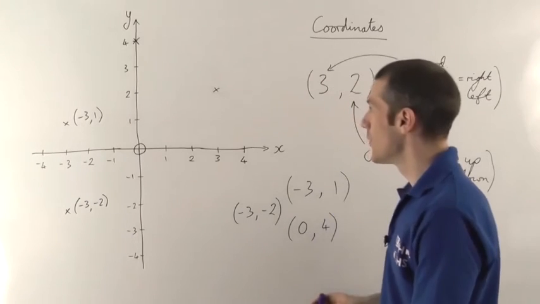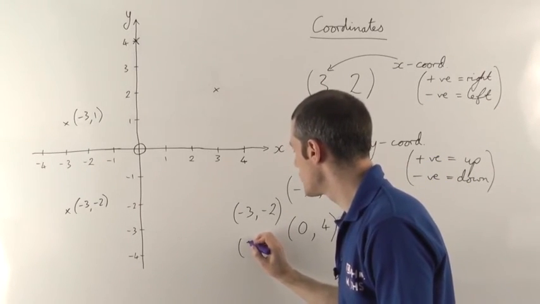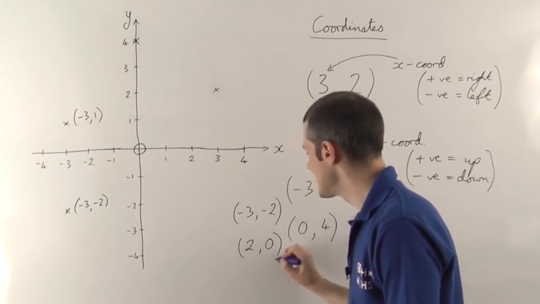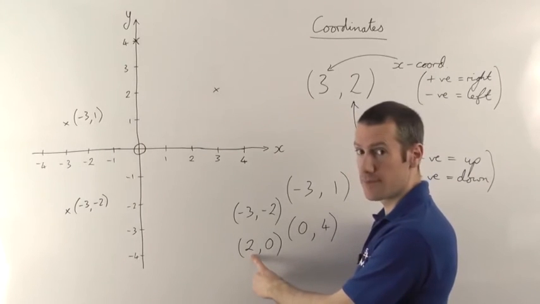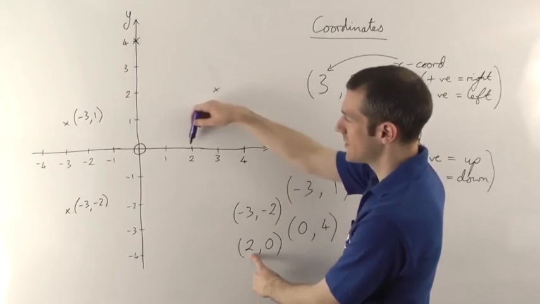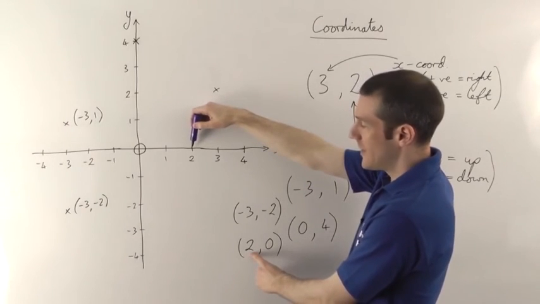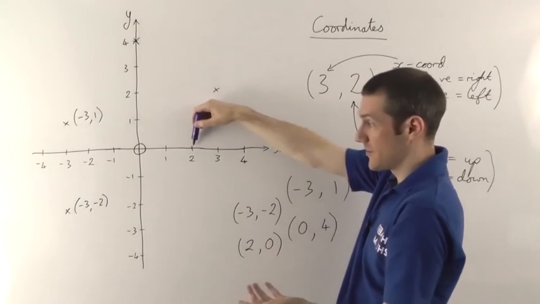Alright, I'll do one more. Let's imagine we've got 2, 0. So this time the x coordinate is 2. So from the origin, you go until you find 2 on the x, so you're going to go to here. So the left-right movement was 2. It's positive, so we went 2 to the right, where the positive numbers are.